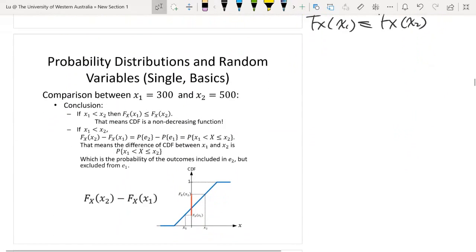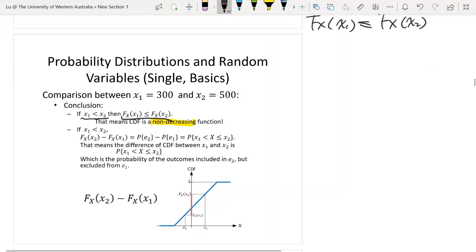Let's just make the conclusion. If x1 is smaller than x2, in other words, if you increase the value of the parameter of the CDF function, the CDF function value will remain the same or go up. So this is saying the cumulative distribution function is a non-decreasing function.